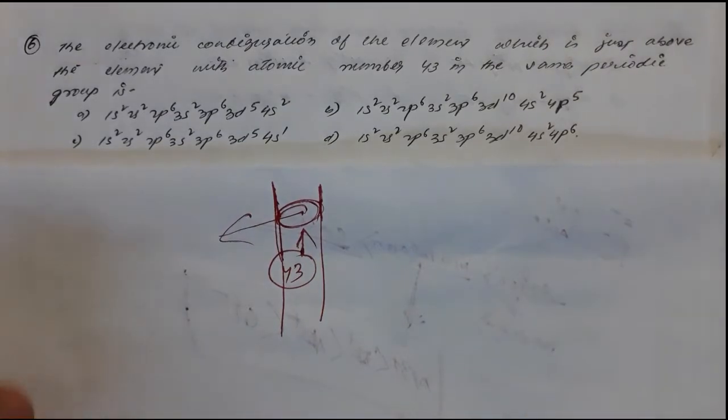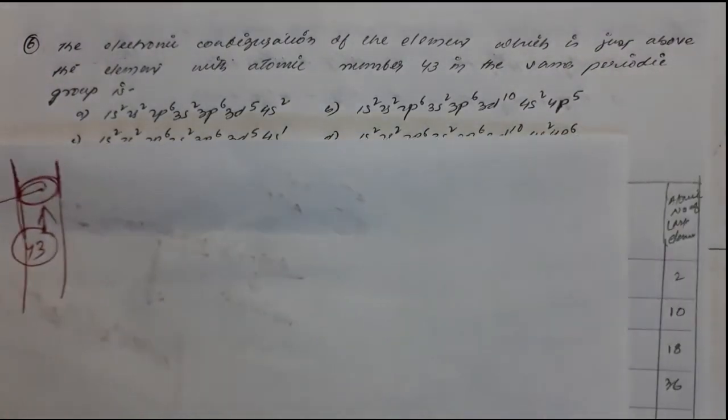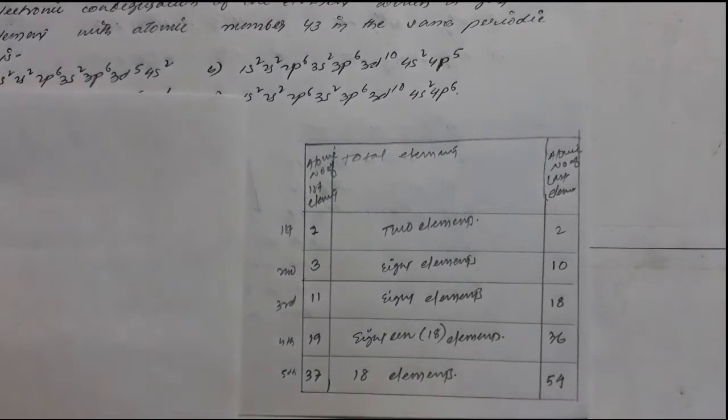Look, I have already told you that the super trick is here. In this type of question, I have got numbers of questions, and the same question was there, so I have not repeated it, but I have taken one example here. What you do is try to remember up to the 5th period.